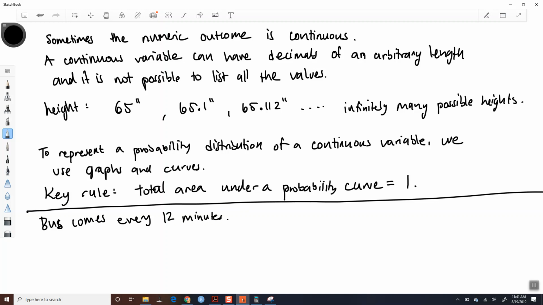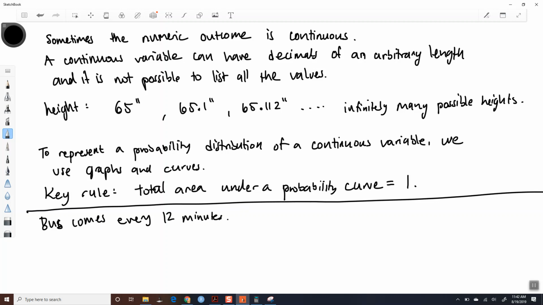You just show up at the bus stop at a random time, okay? And so the question is how long do you have to wait for the bus? The shortest amount you'll have to wait is 0. You walk up and that happens to be the exact same time that the bus pulls up. You wait 0 minutes for the bus, okay? On the other hand, it's also possible that just as you are walking up, the bus drives away, okay? And so you have to wait 12 minutes for the next bus to come, right? And then anything in between there is also possible, okay?